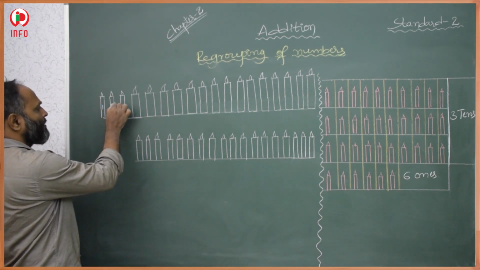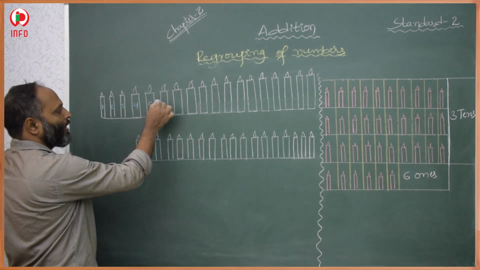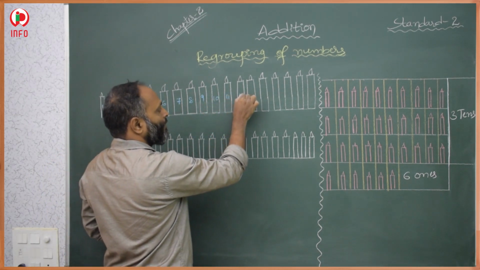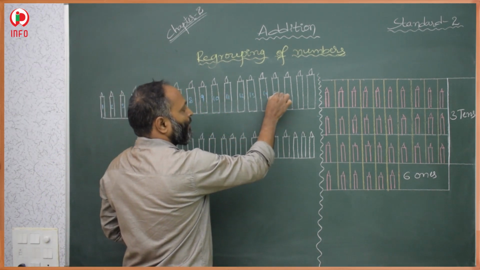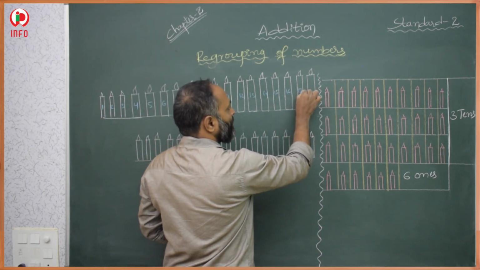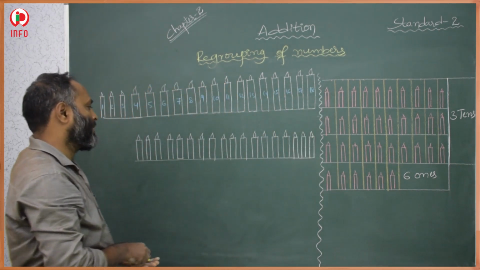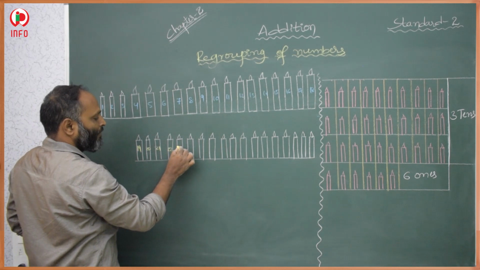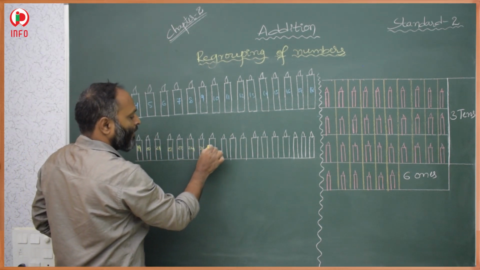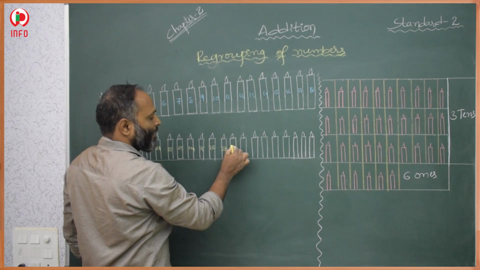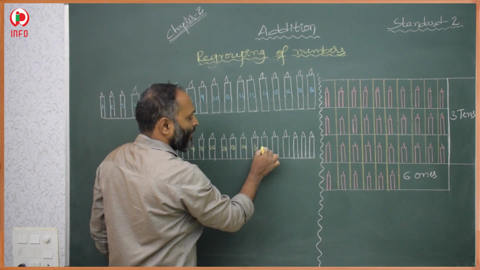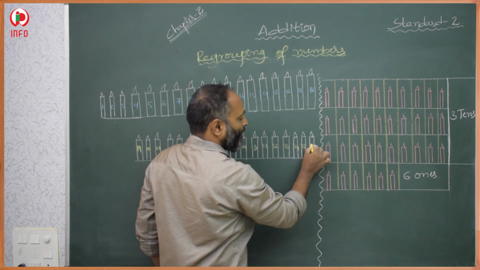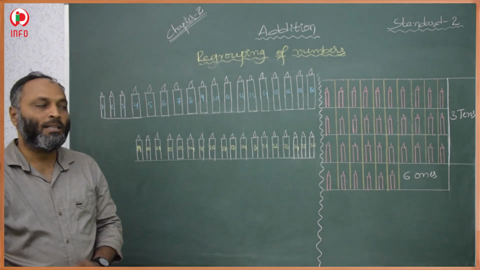Here 1, 2, 3, up to 18 candles, then 19, 20, up to 35 and 36. Total 36 candles were given.